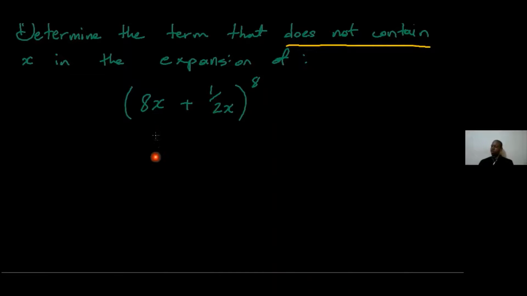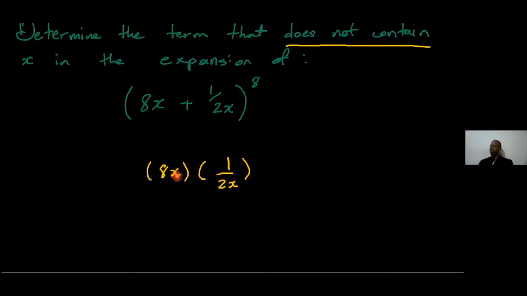Now, again, let's write the two terms. So the two terms here are 8x and 1 over 2x. So if these two were just as they are with no powers at all, the x's would just cancel here, right? But we know that they're going to have some powers when we expand them.